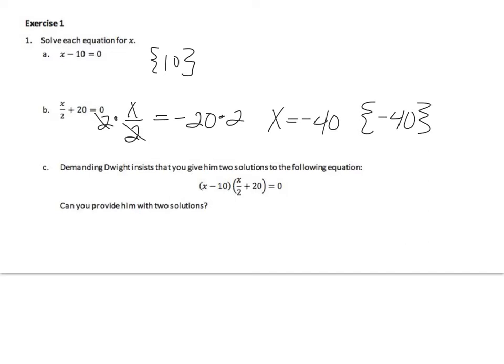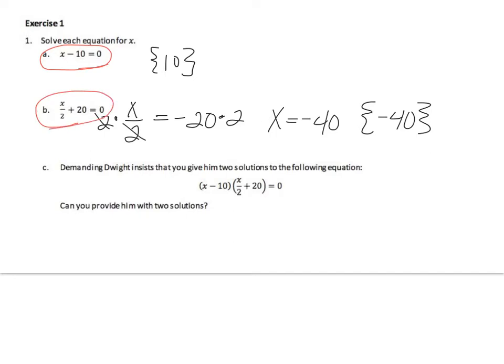Demanding Dwight insists that you give him two solutions to the following equation. Can you provide him two solutions? Well, we just solved x minus 10 equals 0 and x over 2 plus 20 equals 0.